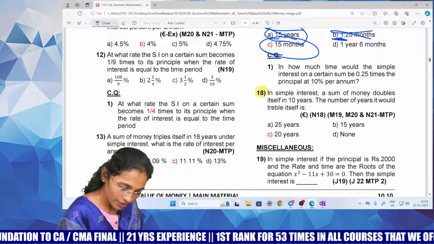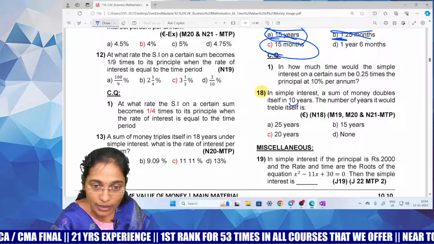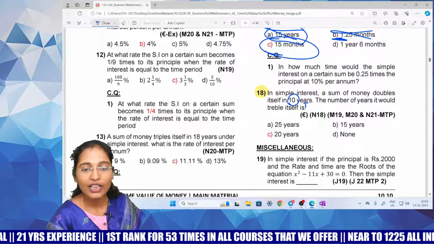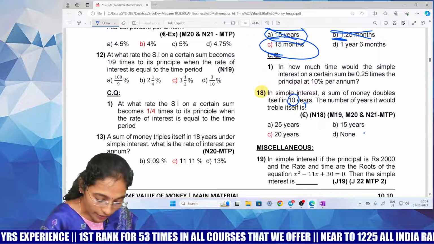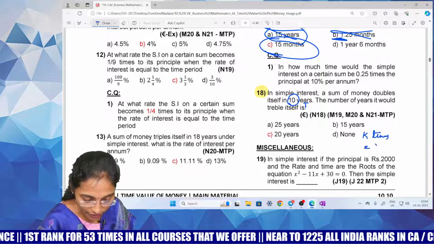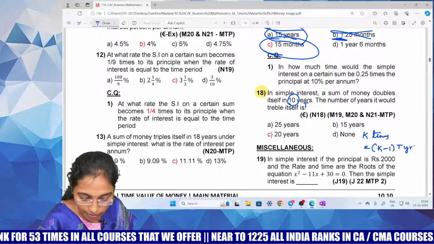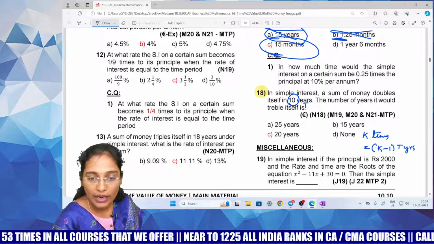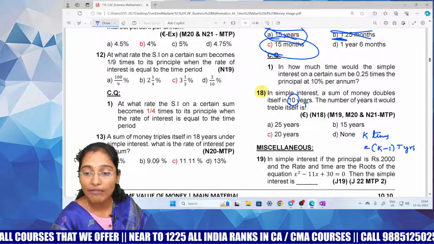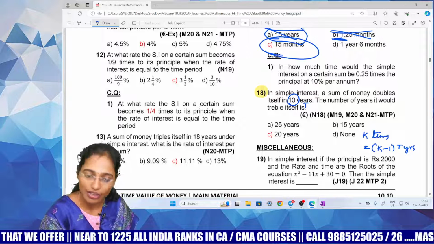In simple interest, if a certain sum of money doubles itself in T years, then it will become K times of itself in K minus 1 into T years. That shortcut is already provided to you in your synopsis, guys.